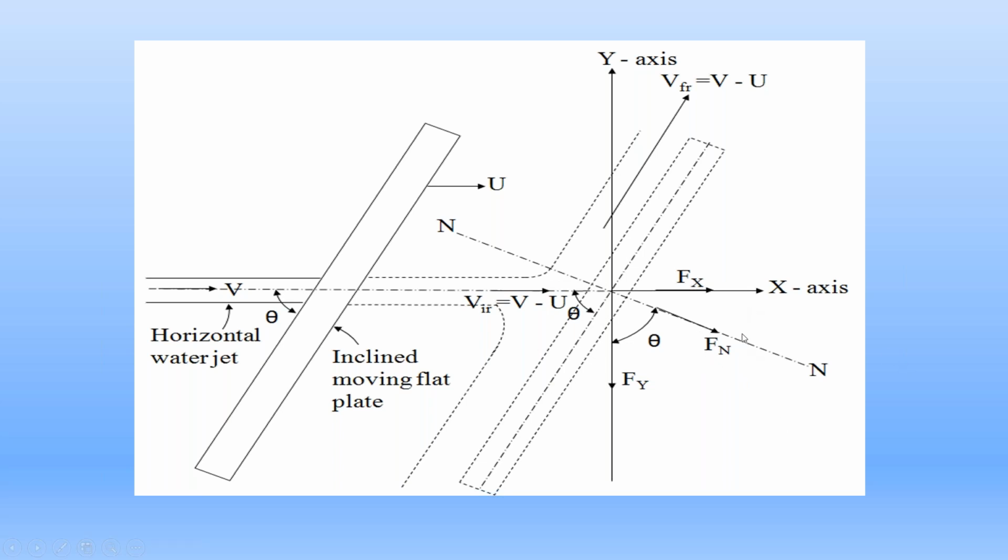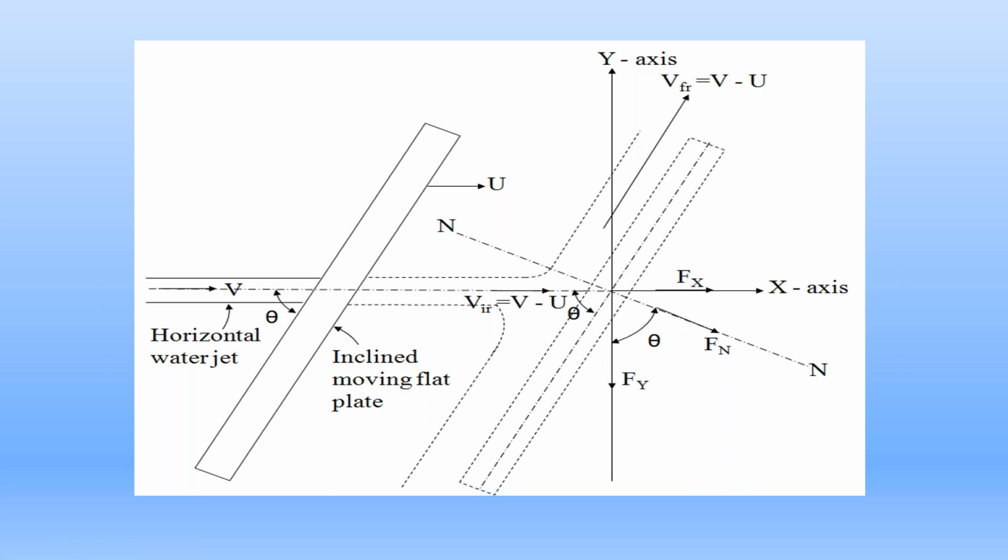First understand what is the initial relative velocity of the water jet in the direction of force Fn, and what is the final relative velocity of the water jet in the direction of force Fn. First, that should be understood.